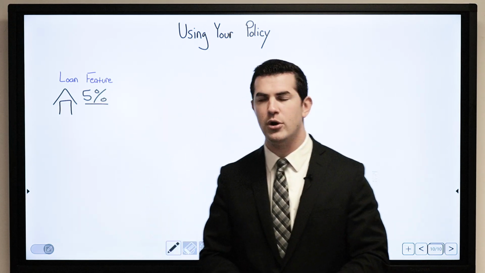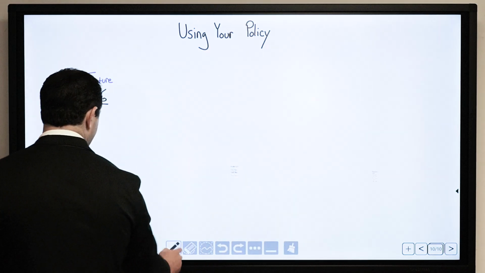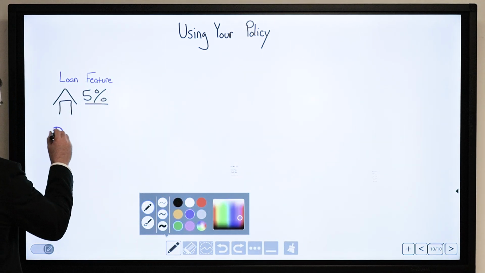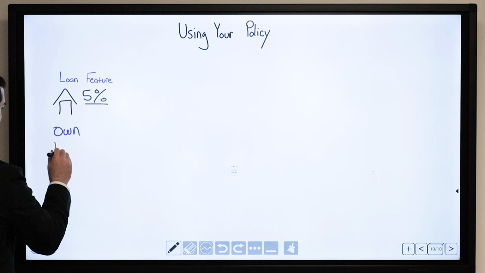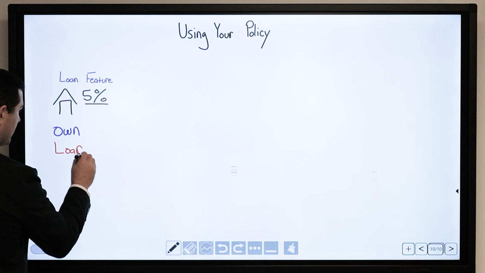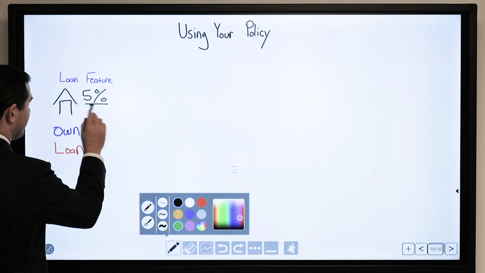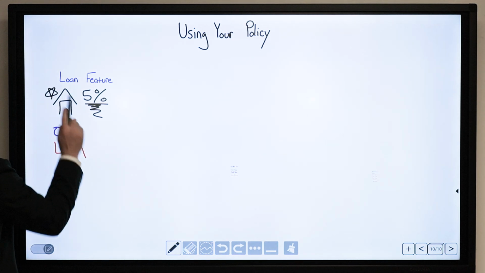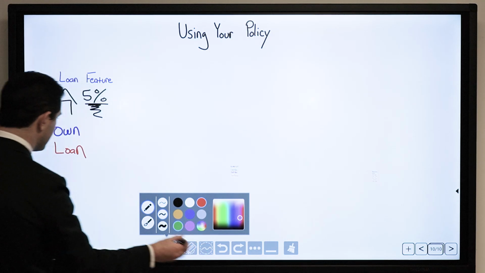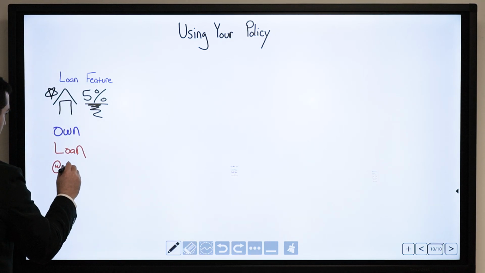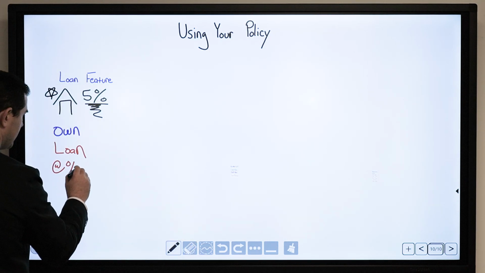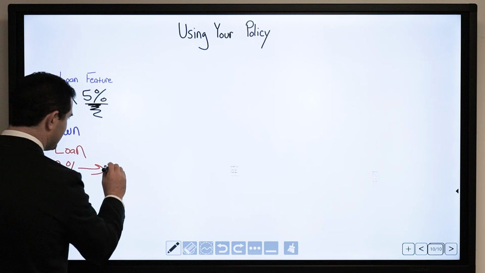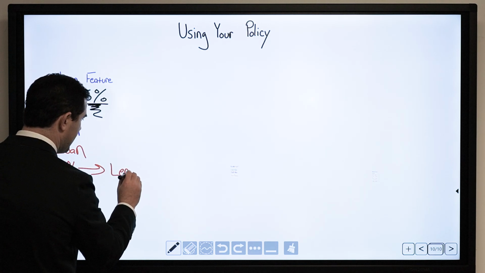The entire home. Regardless of whether we own it or have a loan, that 5% will continue to occur on the entire property. The thing is, if I have a loan, interest, at whatever interest rate it is, goes to the lender, typically a bank.